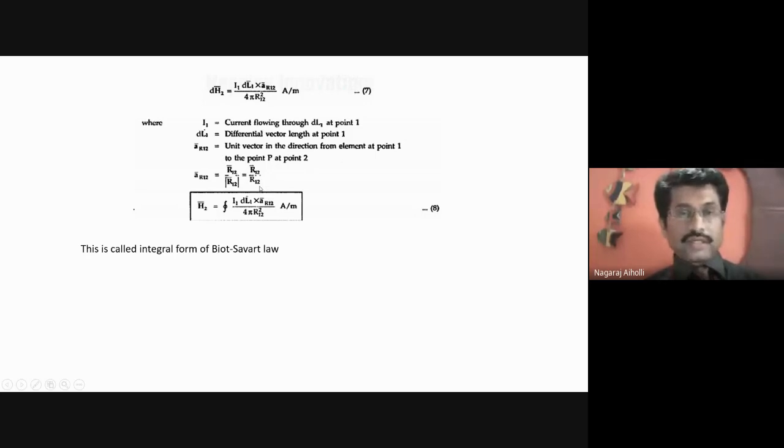Therefore, H2 bar will be equal to the closed integral of I1 dl1 bar cross aR12 bar divided by 4 pi R12 square ampere per meter. Note that it's a cross product, it doesn't mean multiplication. Take it as equation number 8. This is called the integral form of the Biot-Savart law.